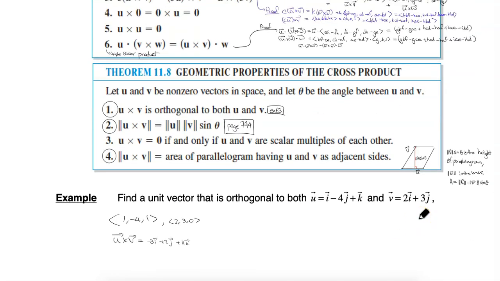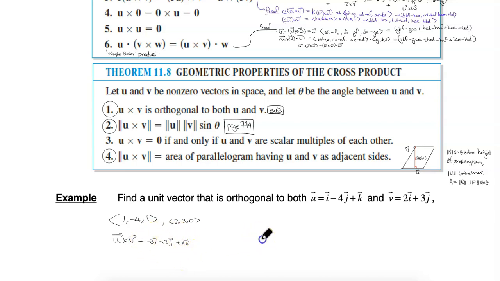So example here, if we want to find a unit vector that is orthogonal to both u and v, again this will work in 3 dimensions, but you could not find a vector that's perpendicular to u and v if you're in the plane. What we will do is u cross v, and it yields immediately this vector here. Now we want to find a unit vector, so this is not actually good enough.